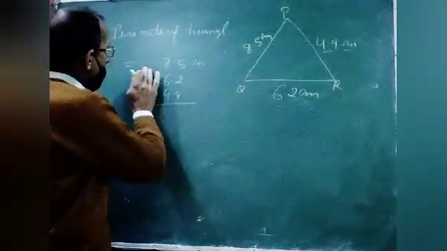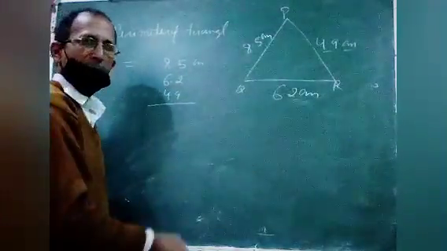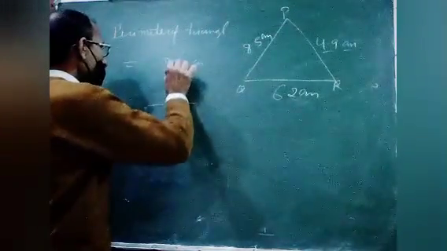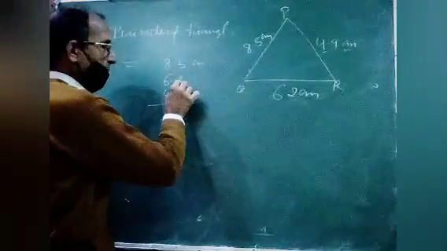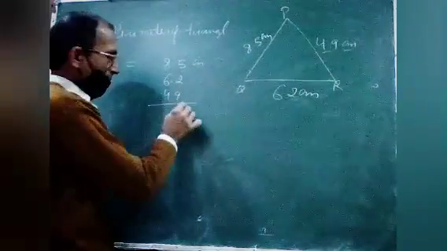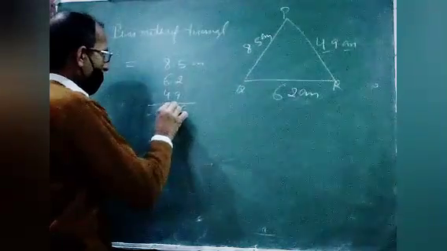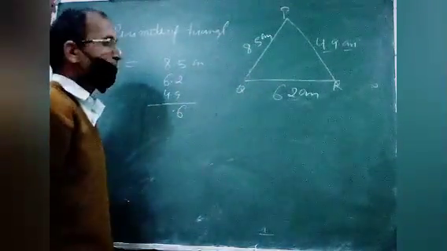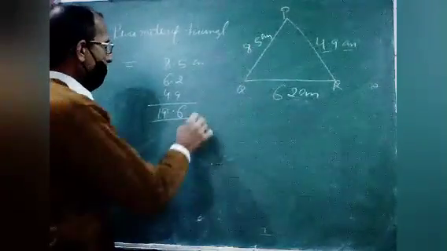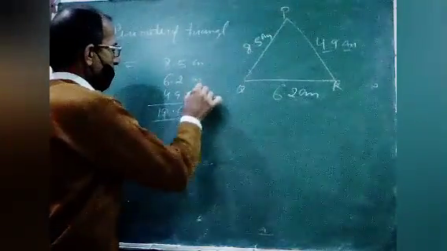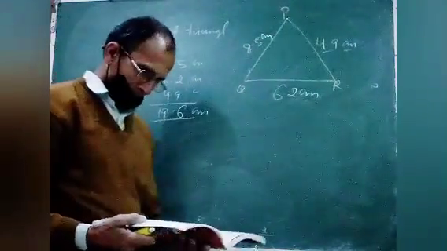Don't write it carelessly; 8.5 will be written and 6.2 will be written there. So decimal should be in the same column. So now add them. 5 and 7, 7 and 9, 16. 1 carry. So 5 and 6, 11, 11 and 8, 19. So 19.6 centimeter. So this is the perimeter of a triangle.